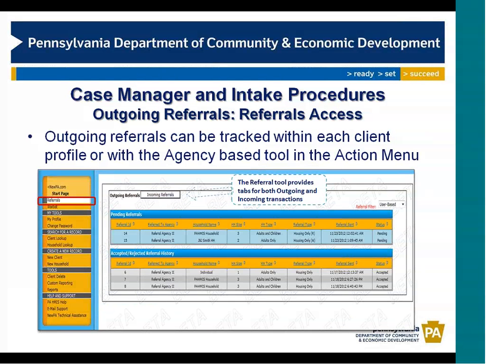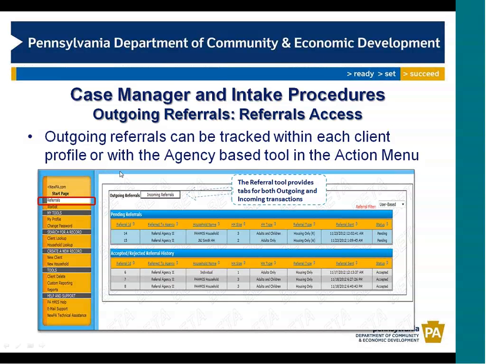All right, referral access. All outgoing referrals can be tracked within each client profile, as we showed you in the outgoing referrals tab. Every referral sent for a specific client will be there. But we also developed a generalized referral section that's available to all users, directly on the start page.